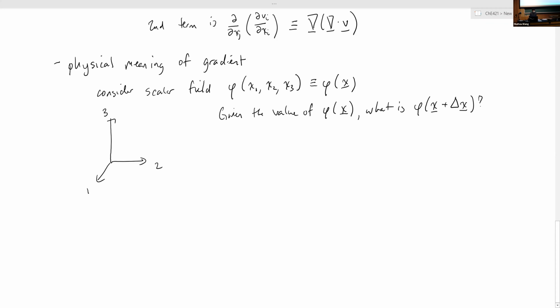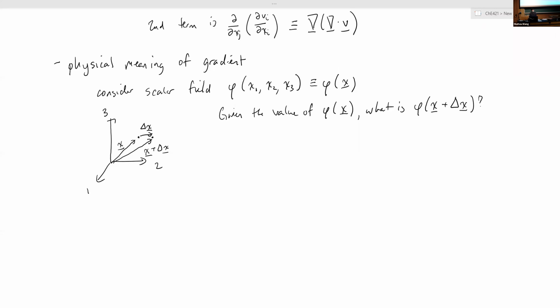Here are the axes that we like to write. If I know the value of my field right here, or another way of writing that is, I have a position vector x that connects the origin to the point that I care about. Then the question is, what is the value of my field right here at some small distance, delta x away? And then, of course, by definition, this vector right here is just x plus delta x. Okay.